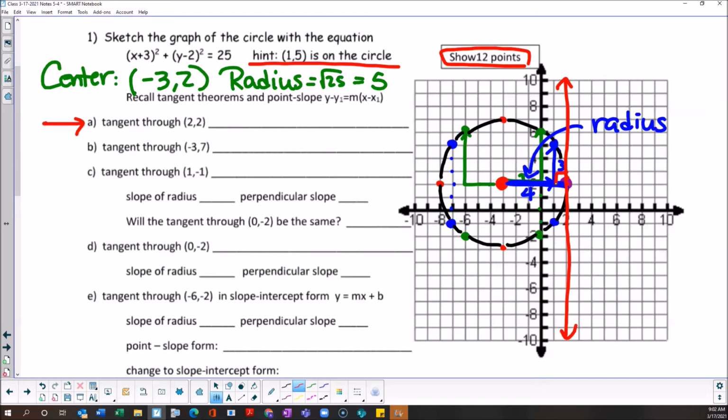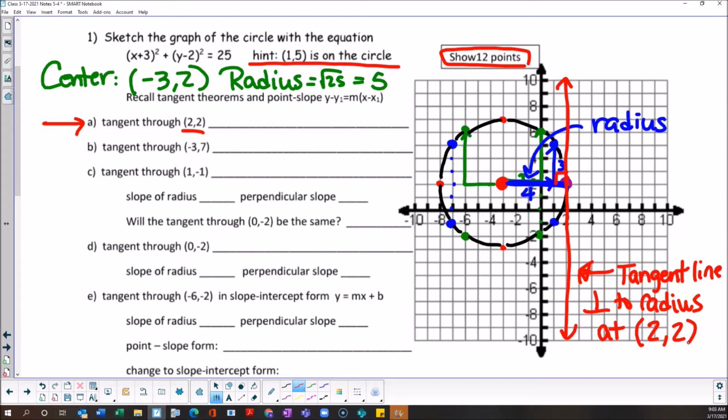Okay, so we're finding... oops. This is the tangent line. It's perpendicular to the radius at the point that we were given over here, 2, 2.